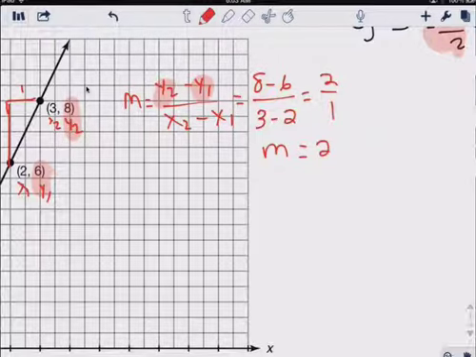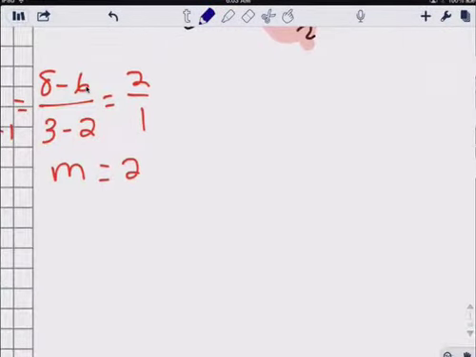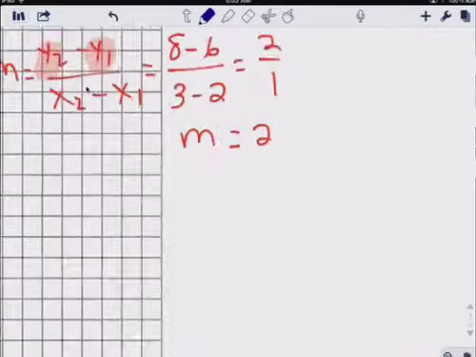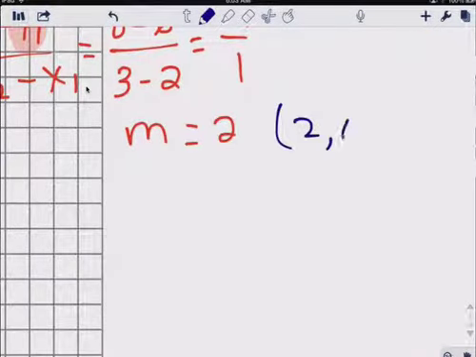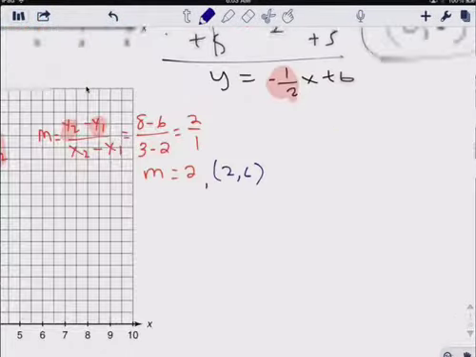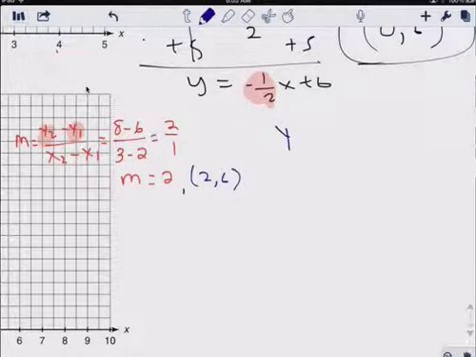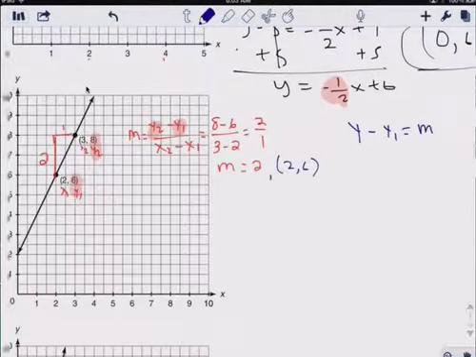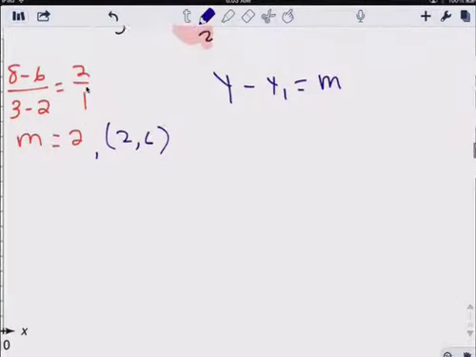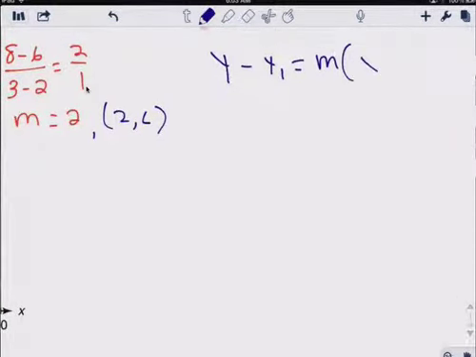Okay, now we use point slope. Which point do I want? In this case it doesn't really matter. 2, 6 is the point I'm going to use. So y minus y1 equals m parentheses x minus x1.